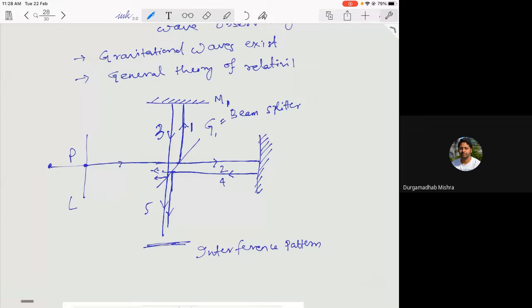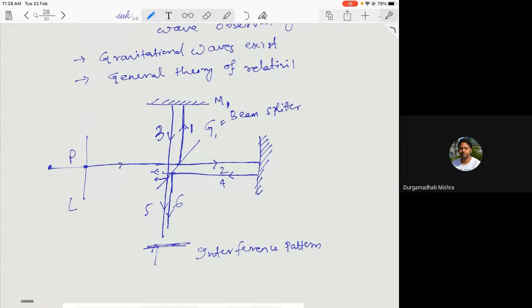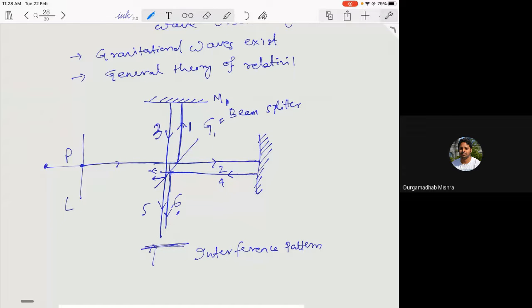Now what is the path difference between the beams? If you look at 5 and 6, if you are looking from this direction, it would appear as if beam 5 is coming from mirror 1, and beam 6, using another color, would appear to come from a virtual mirror.